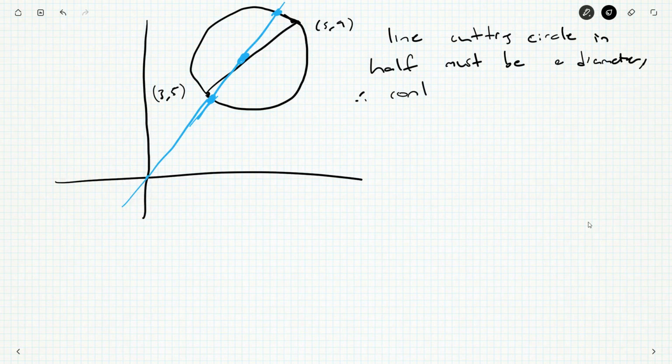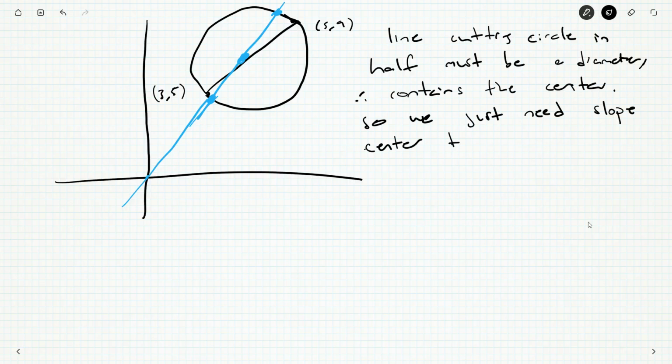Therefore, it contains the center. So we just need the slope of the line from the center to the origin.